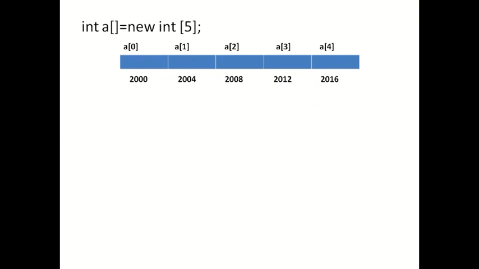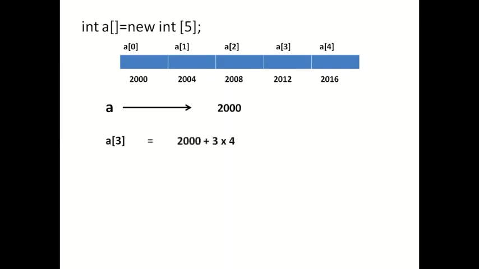It is not possible to keep all the addresses, so the array name always points to the base address. Here the base address is 2000 because that is the address of the first element. So the array name refers to the base address. Now if somebody asks you to find the address of A of 3, from the picture it is clear that it is 2012, but how is it internally calculated?